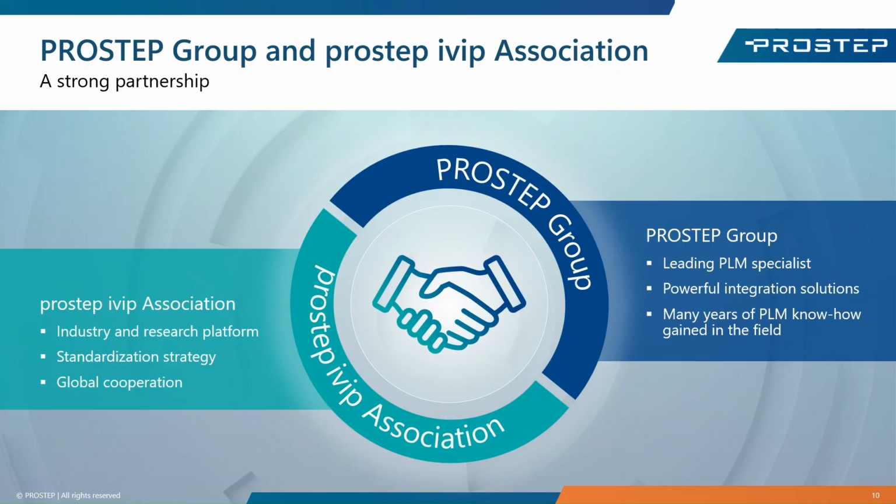So the PROSTEP Group and the PROSTEP IVIP Association were founded around the same time. The PROSTEP Group that I work for is a for-profit services and software company that specializes in integration and interoperability and has been doing that for the last 30 years.